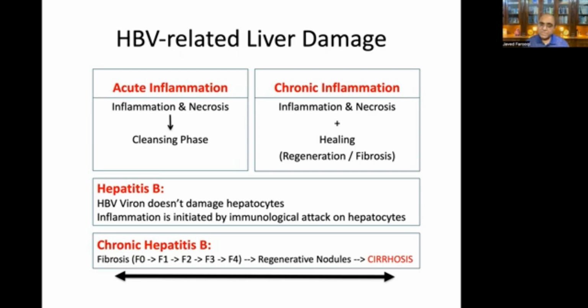And we have seen this in our clinical practice. I have been doing fibroscan for the last 10 years, and I have seen patients' fibrosis reversing from F4 to F3 and F2 levels. I have seen that with successful therapy of chronic hepatitis B patients, and even chronic hepatitis C patients. When we treat them, their PCR becomes negative, their inflammation is controlled, and then with the passage of time the fibrosis also reverses, and this is the reality.